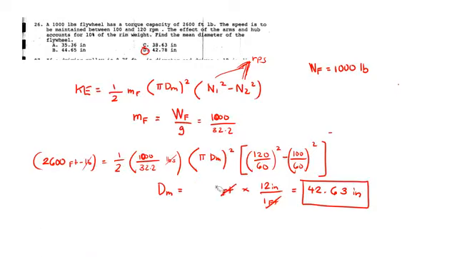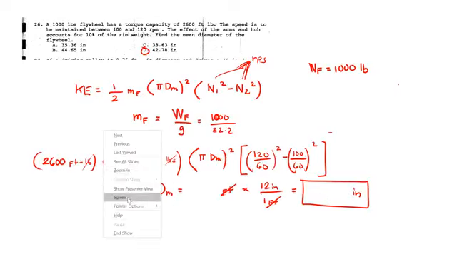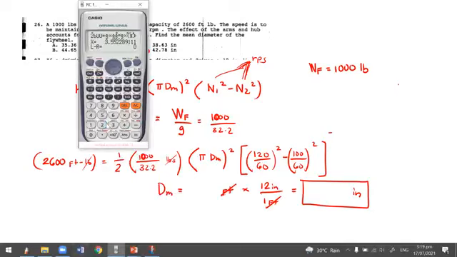So, calculator: 2,600 is equal to 1/2 times 1,000 divided by 32.2, times pi times x squared, times 120 over 60 squared minus 100 over 60 squared.